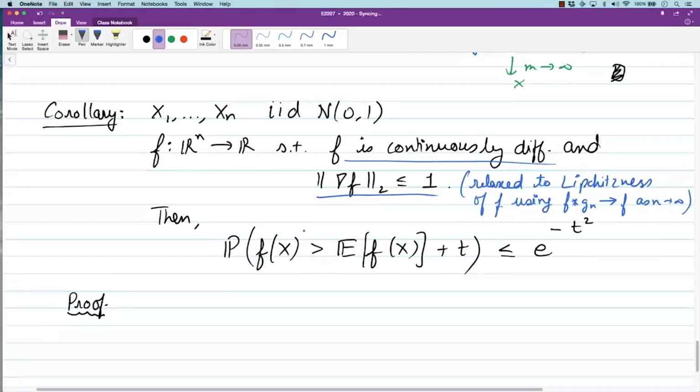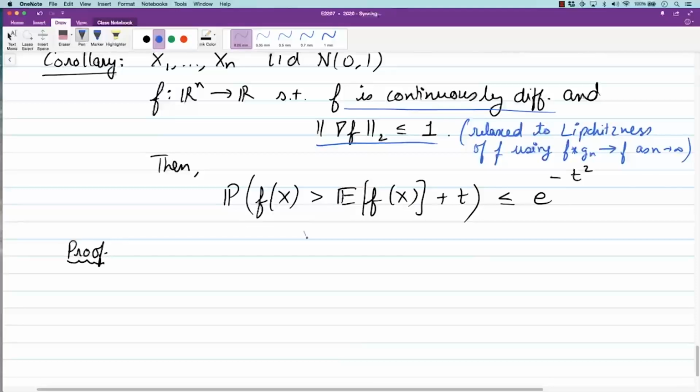That's the main result here. Okay, so how do we show this? Since f is continuously differentiable, we can apply the Gaussian Log-Sobolev inequality to f.